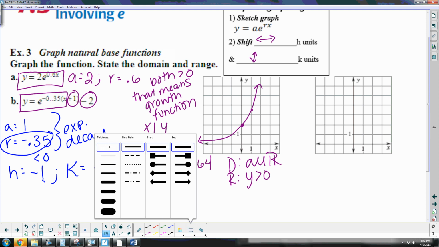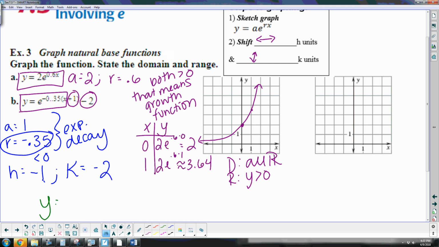So I'll put this in a different color. So first we're going to graph y equals a, which is 1, times e to the rx, negative 0.35x. And when we do that, we're going to pick 2 points, 0 and 1. So when x is 0, our y value is e to the 0 power, which is 1.